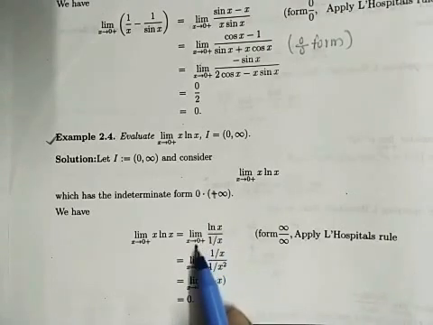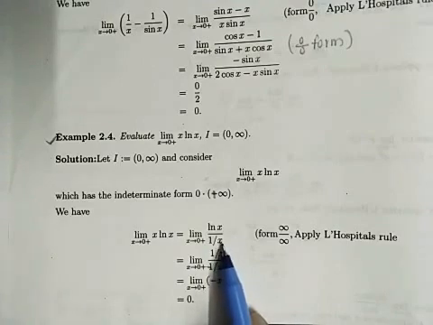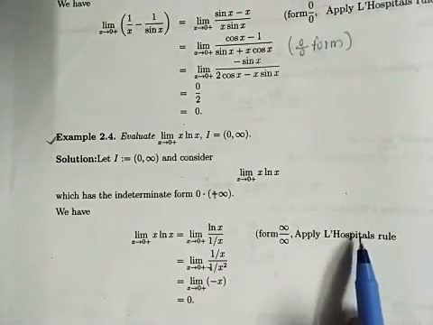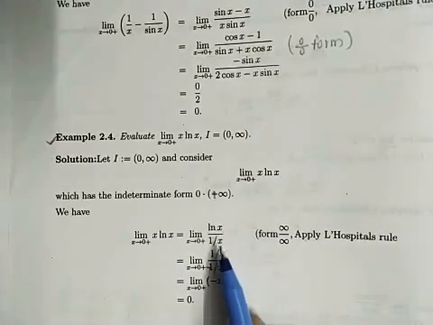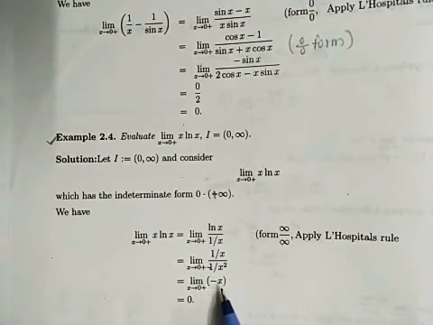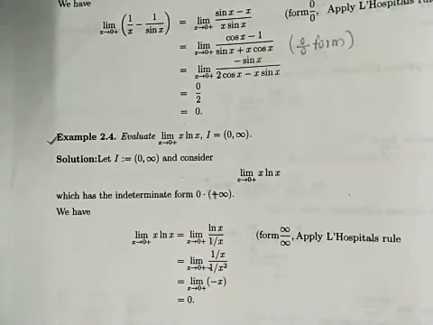Log 0 is infinity, upon 1 upon 0, that is infinity. We get infinity upon infinity form. So we apply L'Hospital rule here. Take the derivative of log x, that is 1 upon x. The derivative of 1 upon x is minus 1 upon x square. So finally what remained is minus x, and after applying the limit we get 0 here.